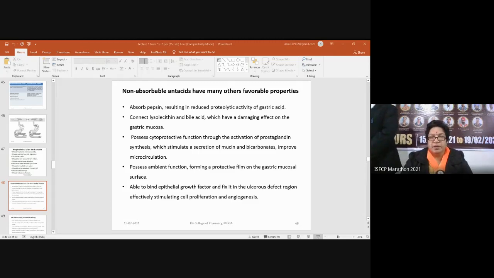And next, in magnesium salts, magnesium carbonate is most water soluble and reacts with HCl at a slow rate, while magnesium hydroxide has low solubility and has the power to absorb and inactivate pepsin and to protect the ulcer base. Aluminum hydroxide is a weak and slow reacting antacid.